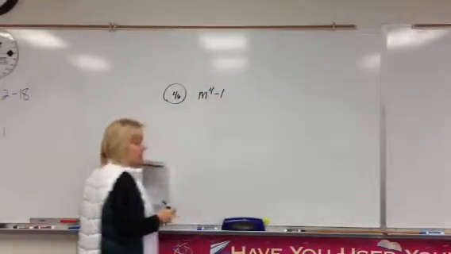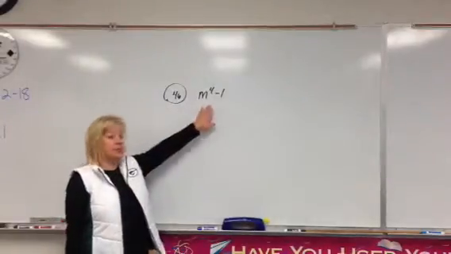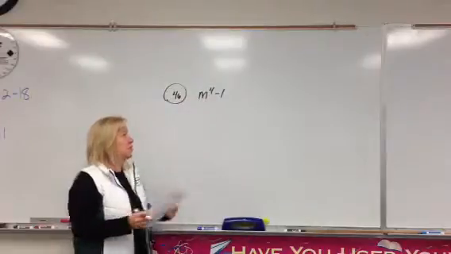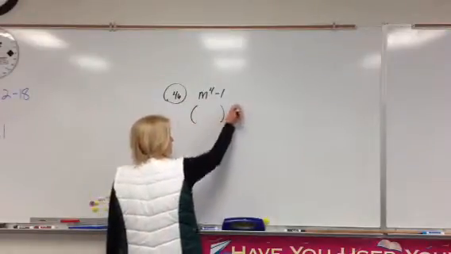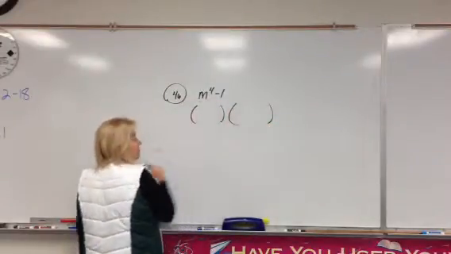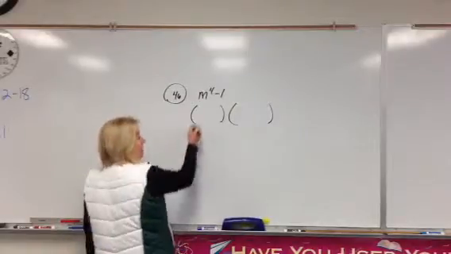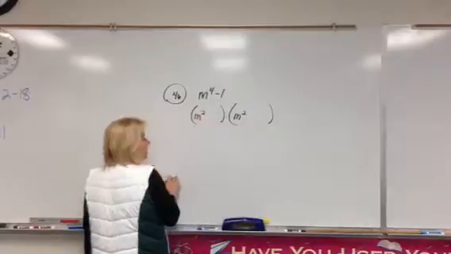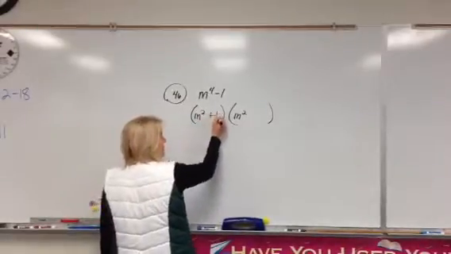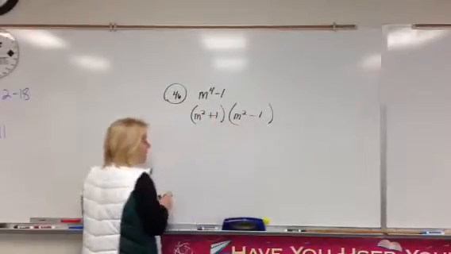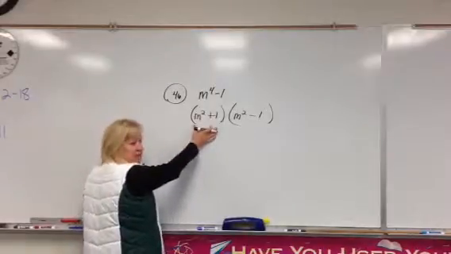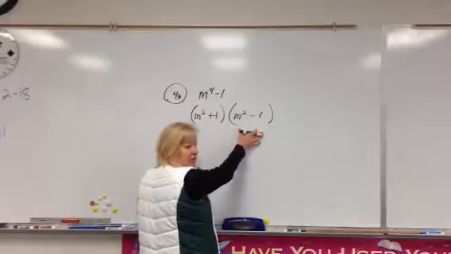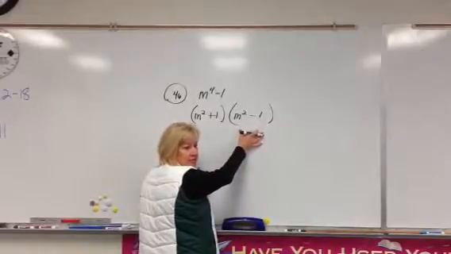It's a minus, so I need to see, first of all, can I pull anything out? No, but I can take square roots. So the square root of m to the 4th is m squared, and the square root of 1 is 1, and 1 is plus, 1 is minus. Can't do anything else with this because it's plus, but you need to check this one. Can I take square roots again?